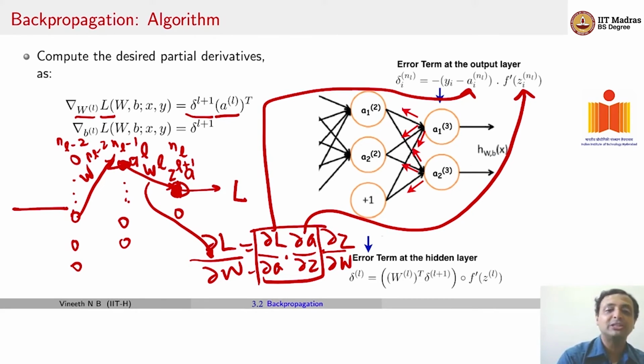Now you simply have to differentiate that with respect to W, which will give you the activation in the previous layer as the additional term. That gives you your gradient. Work it out a bit carefully and you'll follow that this is fairly straightforward.